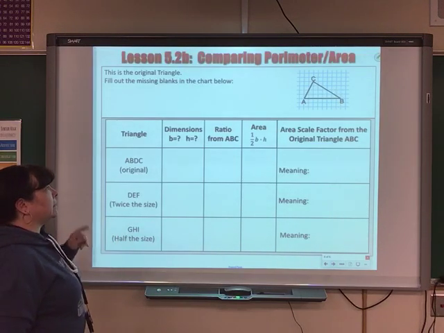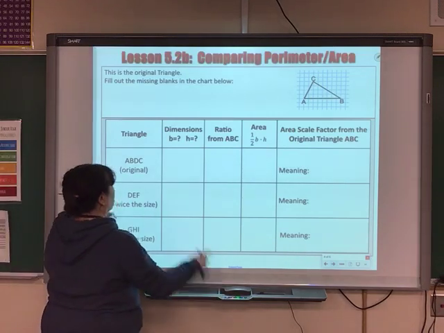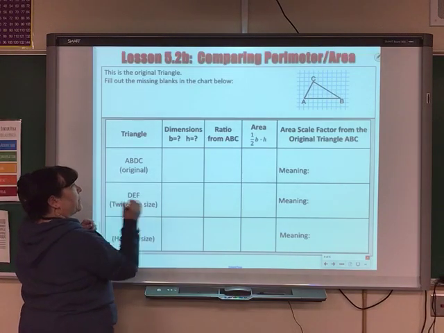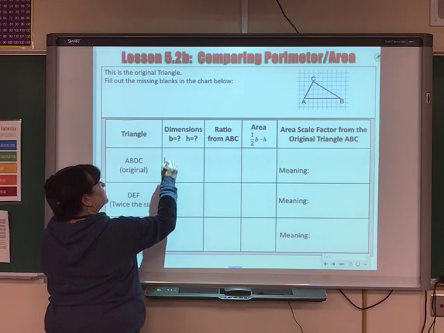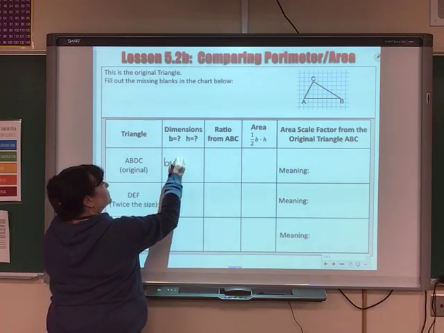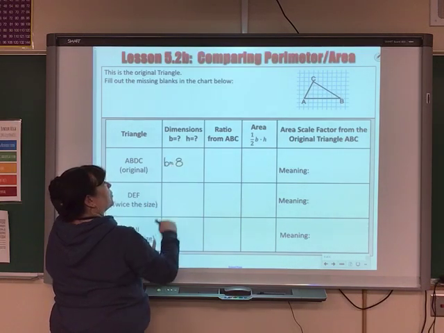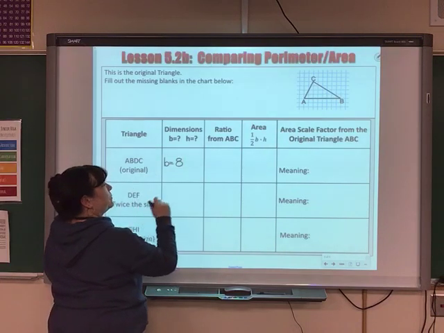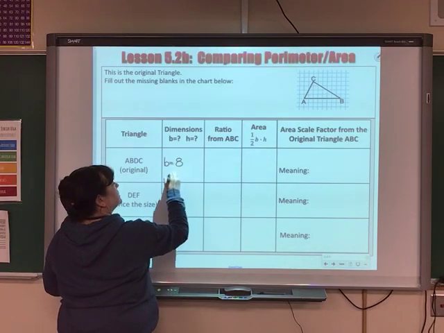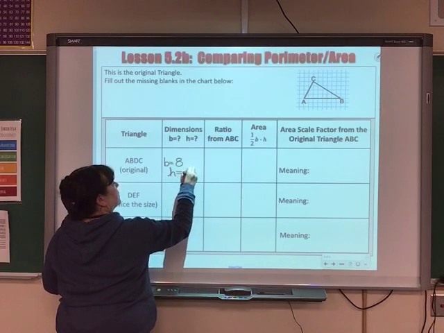When we look at our dimensions for this original triangle, remember, across the bottom, our base was 8, and going up from the base to point C was 4.